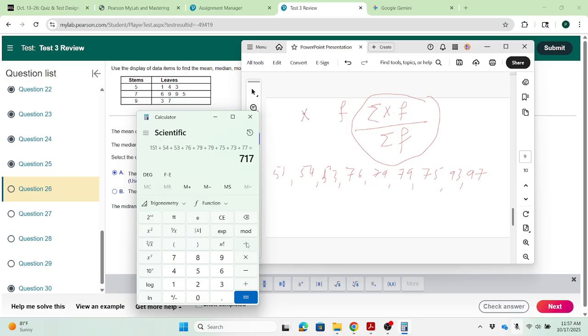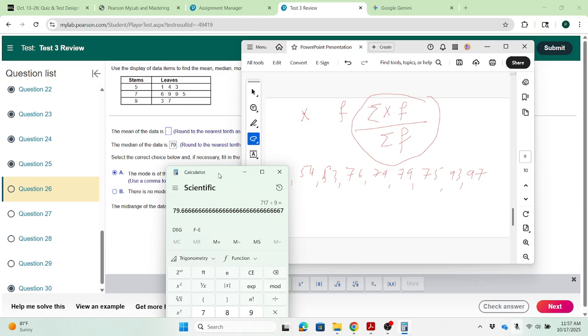I add all these numbers, divide by 9, that's my mean, which to the nearest tenth means 79.7.